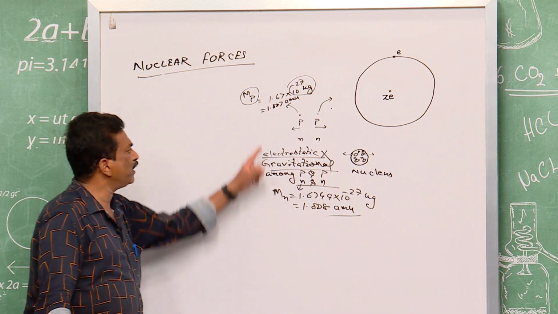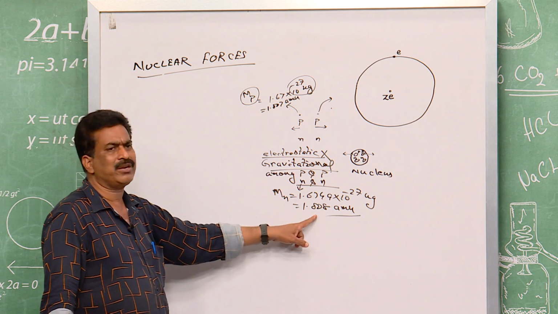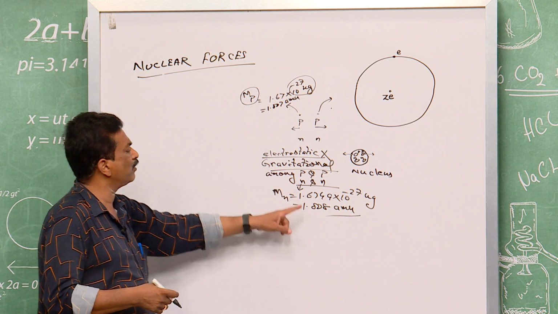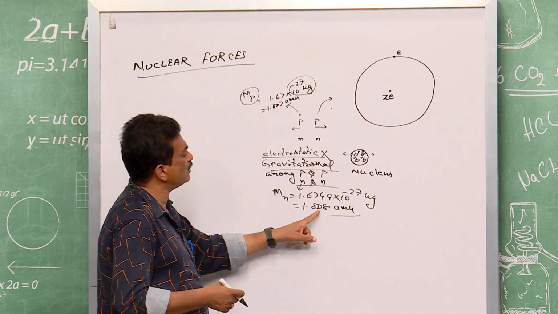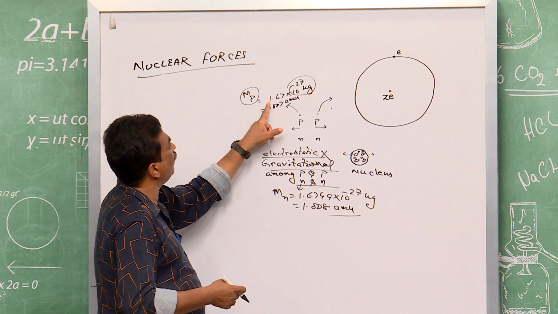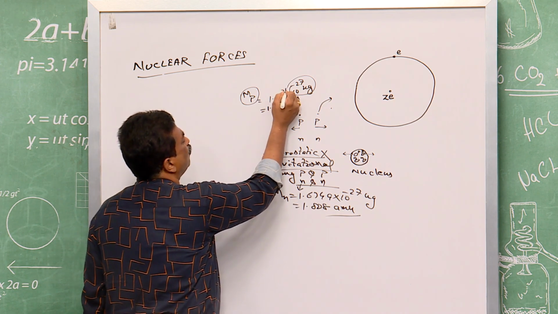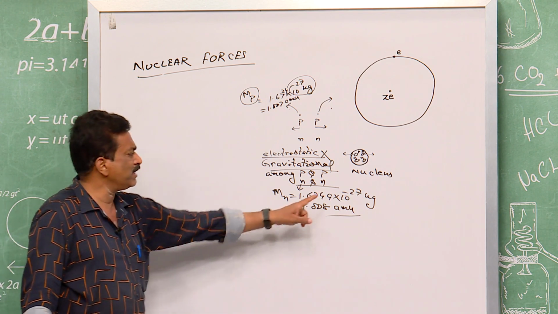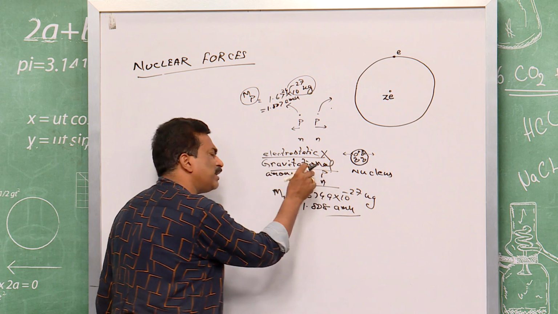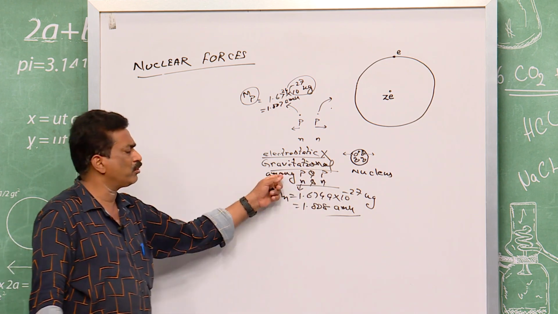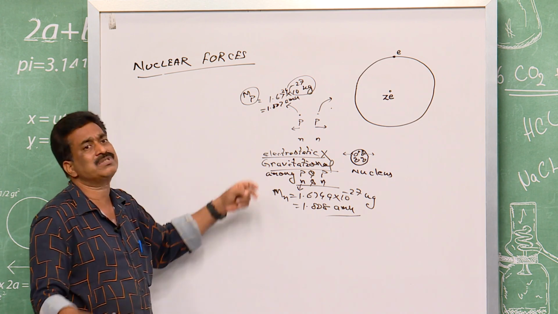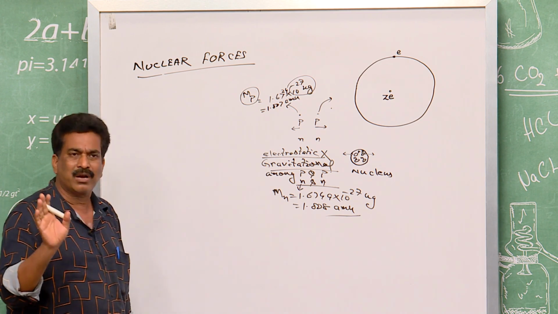We discussed that the neutron mass is slightly greater than the proton mass: that is 1.007, this is 1.008, and here it is 1.6749, here it is 1.6724. So this is slightly greater, meaning it has mass. So between these two masses there is also a gravitational force, but that gravitational force is very negligible, so it is also not taken into consideration.